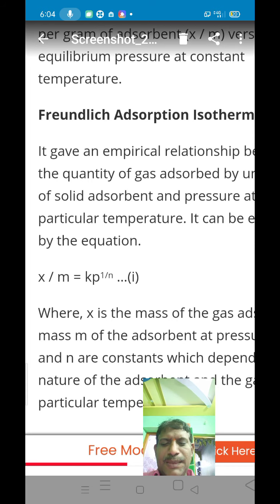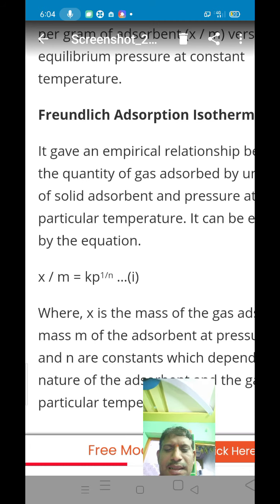These constants depend upon the nature of the adsorbate and adsorbent.